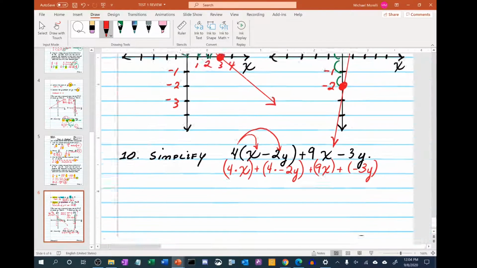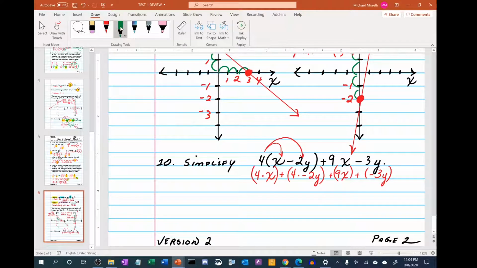The distributive property, as a reminder, is A(B plus C) equals A times B plus A times C. So just a reminder on the distributive property.